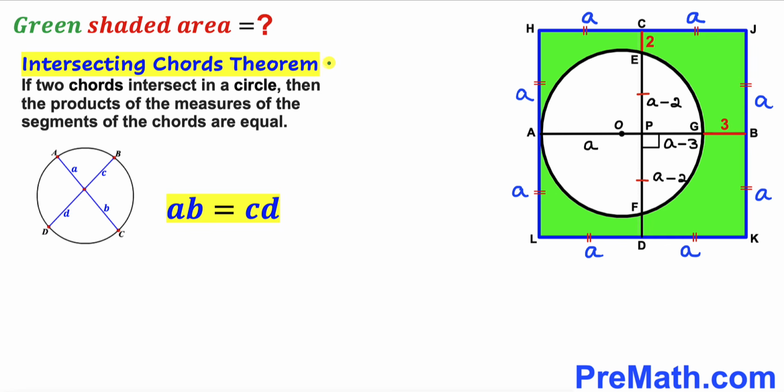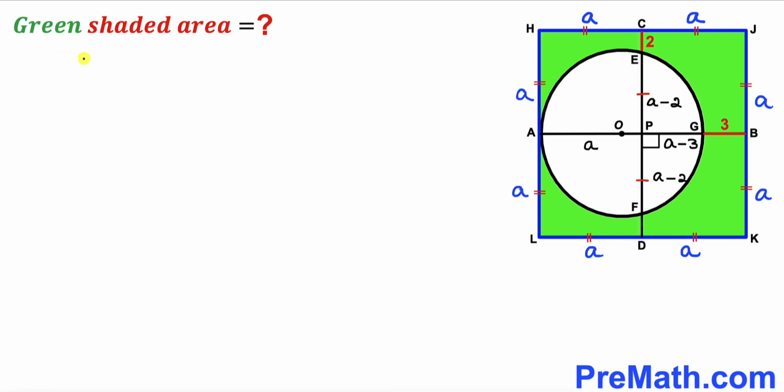So therefore, according to this intersecting chords theorem, we can multiply a times a minus 3 equals a minus 2 times a minus 2. So therefore we can write a times a minus 3 is going to be equal to a minus 2 times a minus 2.